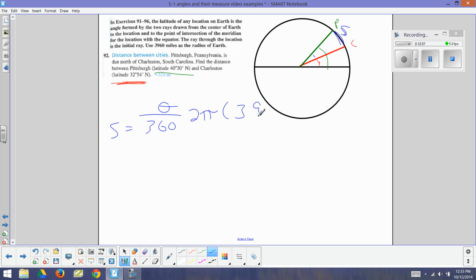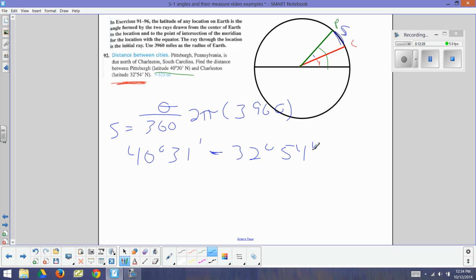R is 3,960. Pick up your calculator for this one and use the degrees and minutes feature. It'll make it a lot easier. Then you don't have to convert the minutes to degrees. Remember, that was when you push the second button, the X button that says angle above it.